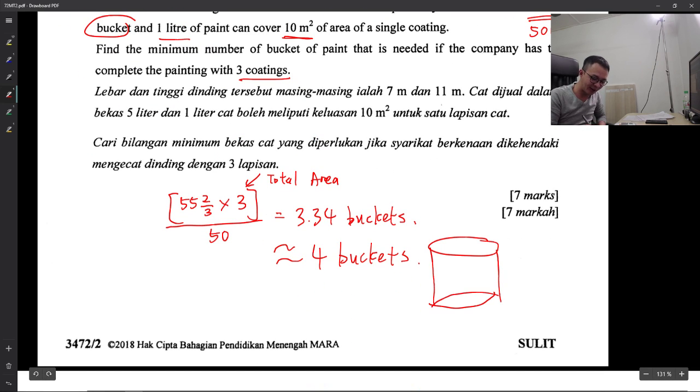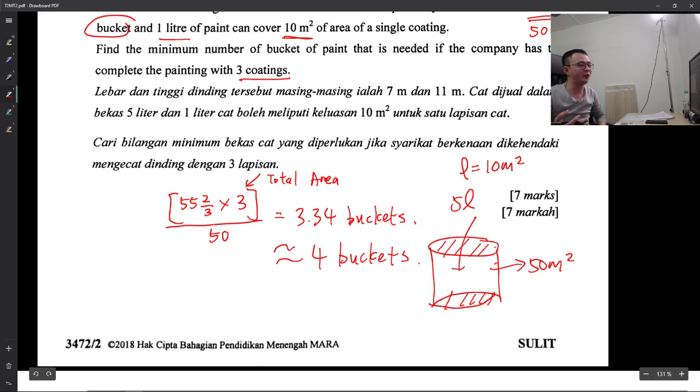This paint actually you have 5 liter inside. You have 5 liter, and each liter can paint 10 meters square. So therefore the whole bucket over here can actually paint 50 meters square, right? This one explains why I divide 50.